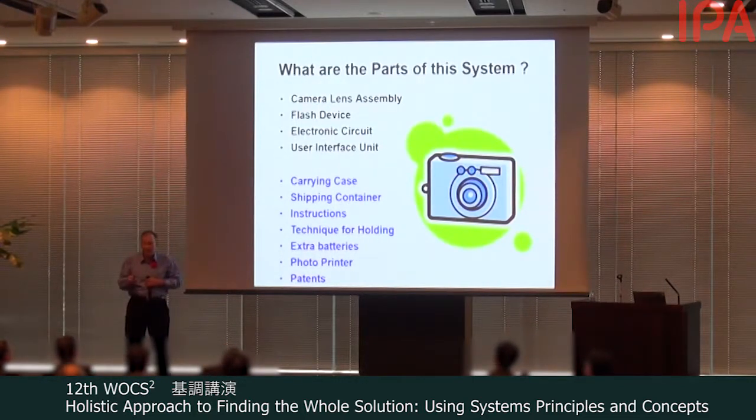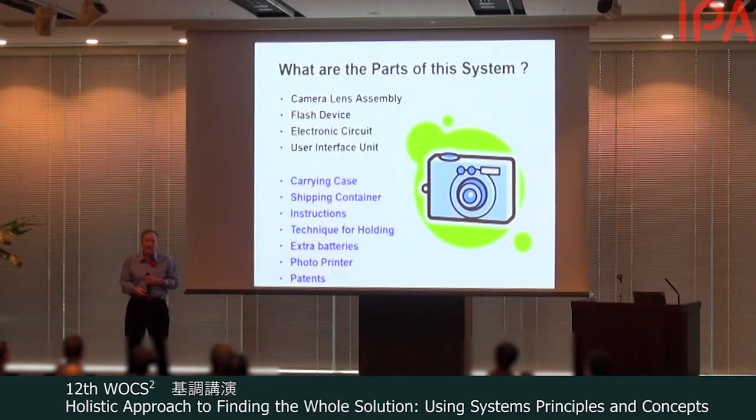And we often don't even, how many people in their system diagram put the instructions as one of the elements of our system? When we make system diagrams, we tend to take the tangible items and only show those in our system diagrams. So we need to take a more holistic approach in our modeling methods and tools. We need to take account of things, well, how do you model the techniques for holding it?